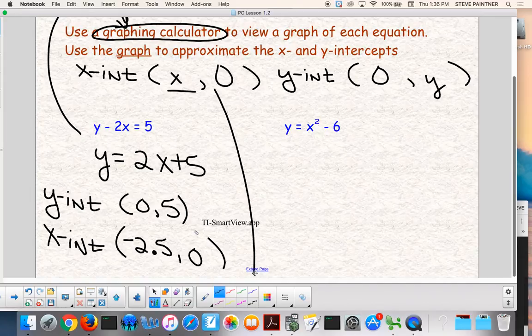Try that one now. A little more on your own. When you go back to your calculator, hit y equals and get rid of the other equations, hit clear, and then put in x squared minus 6. Okay? See what happens there.